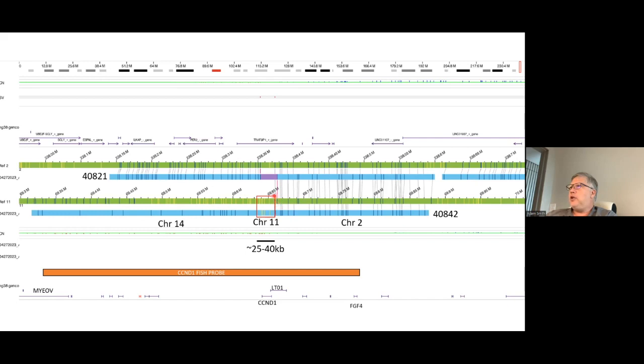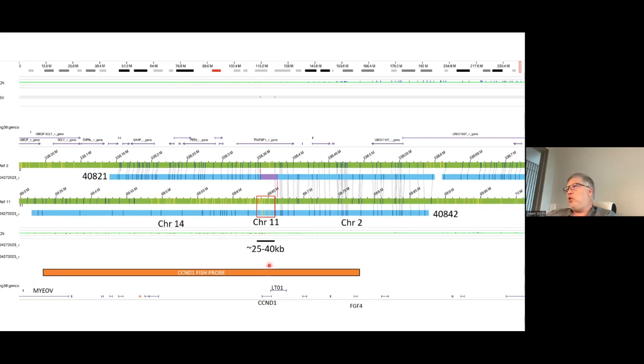You can do these alignments manually, obviously. And I put here for comparison, more or less exactly as best I could figure out from Abbott's probe maps, where the CCND1 probe sits and why we didn't see an abnormal signal pattern.